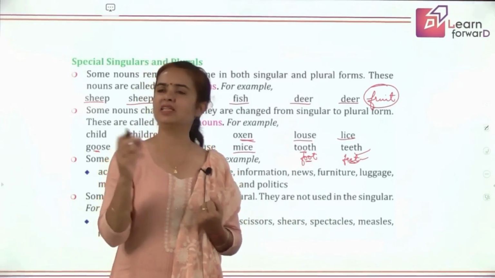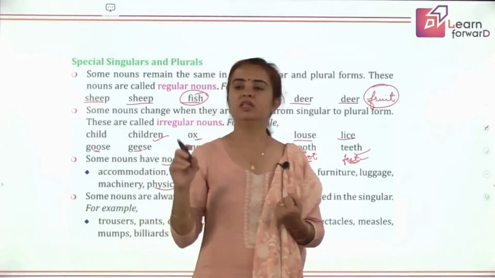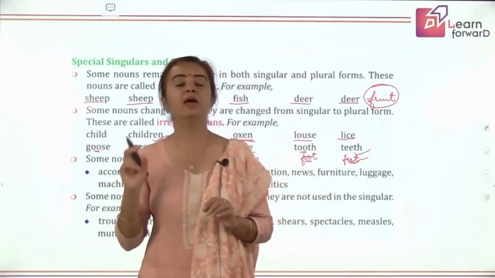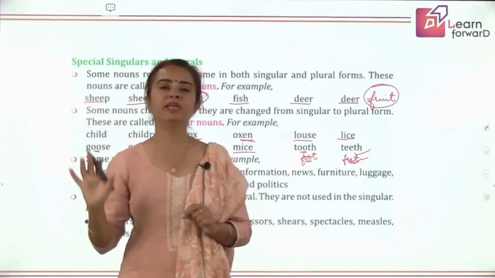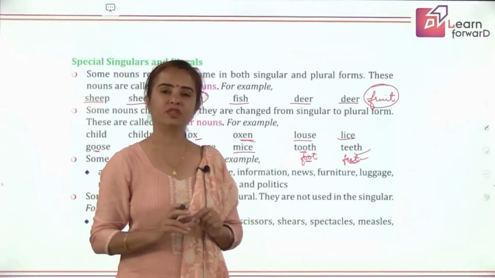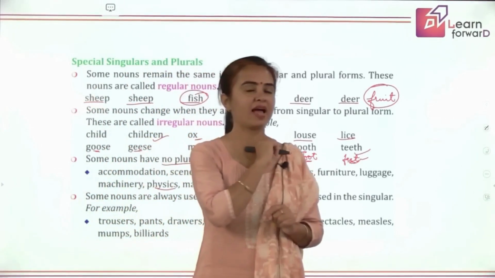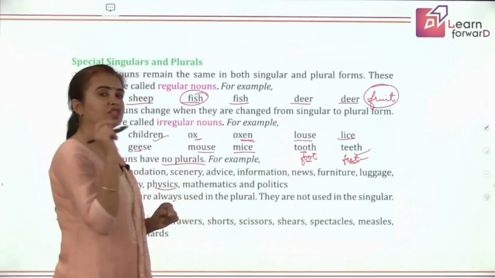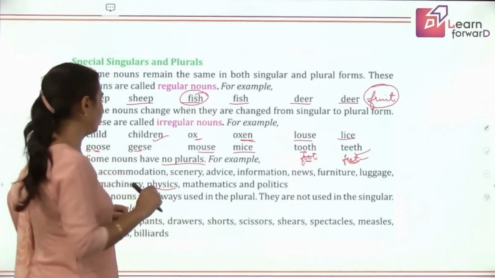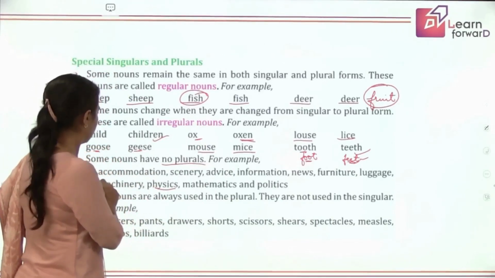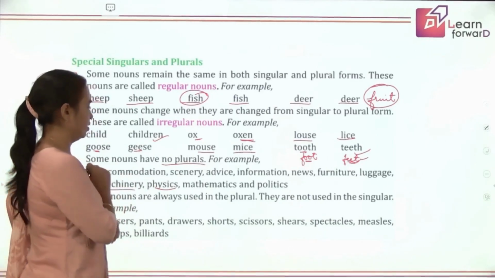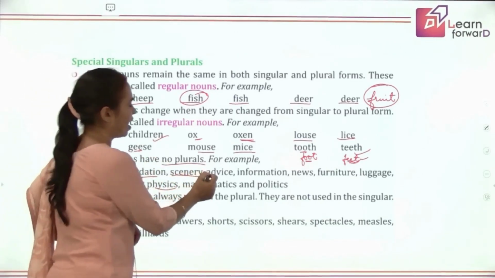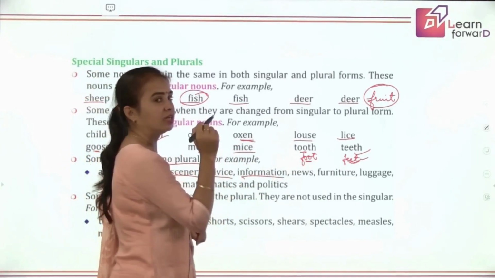You might say the chairs are broken. The chairs are outdated. The chairs are old enough to be replaced. But when you talk about so many things together and you say that is furniture, furniture is used as singular only. Similarly, there are other words which are always used as singular, like machinery, accommodation, scenery, advice, information, even news.